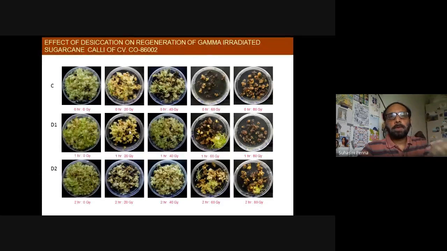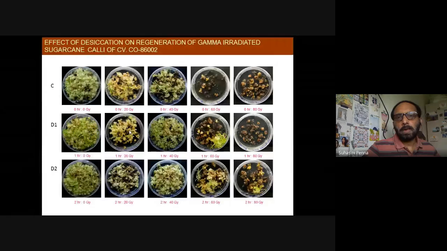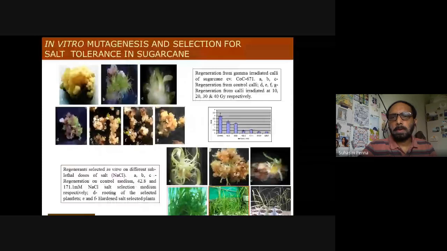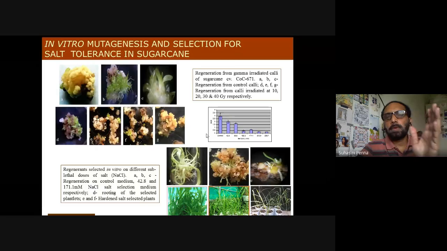As I was telling you previously, how can you increase regeneration frequency when you have an irradiated callus? Normally, when you go to higher irradiation doses, if I quickly take you back to one of my slides, here you can see the salt concentration, but the same thing happens from 0 gray to 100 gray.